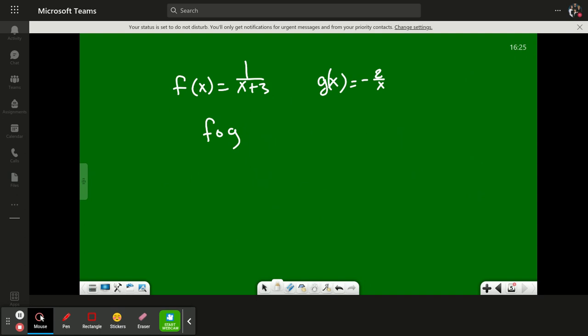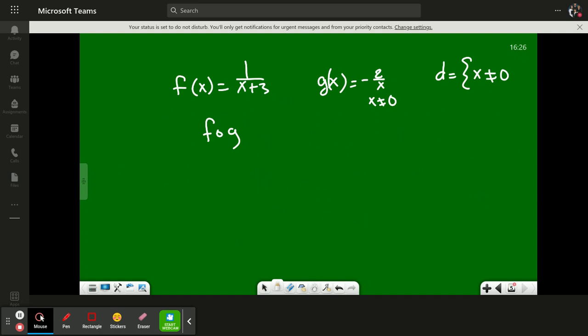Cannot equal 0. Right here, x cannot equal 0. There's nothing to solve. It is what it is.